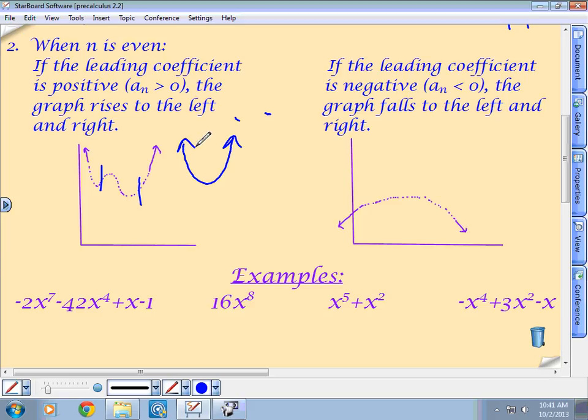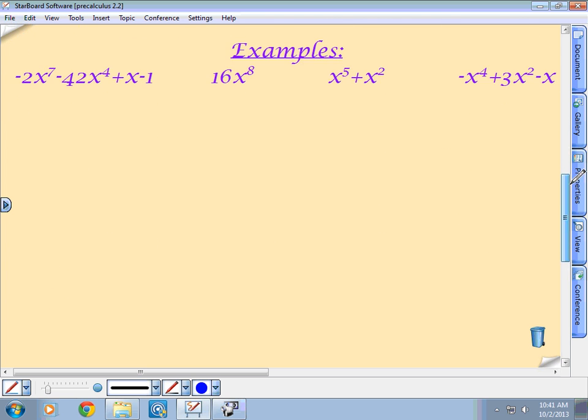And if the leading coefficient is negative, like negative x squared, it's the same thing, only it's falling to the right and to the left. So once I know those tests, I'll know how all these graphs finish.